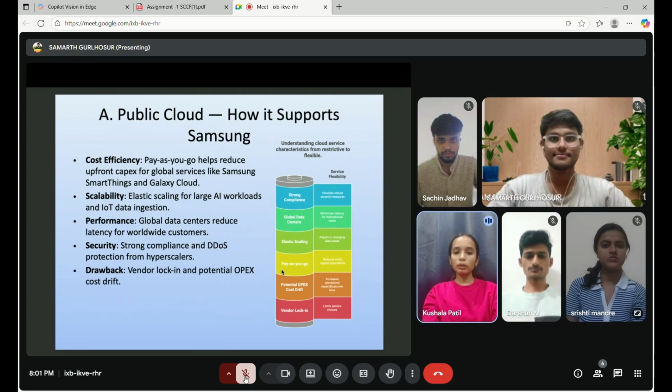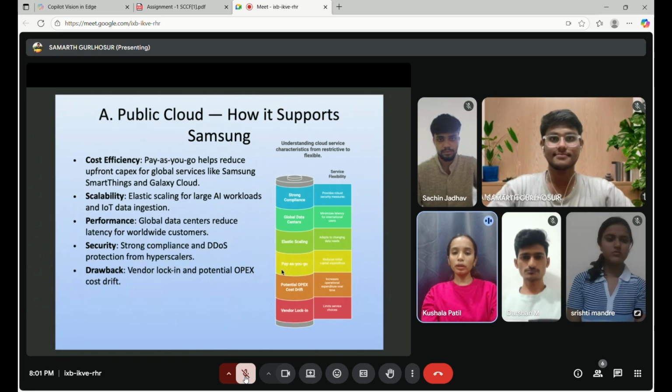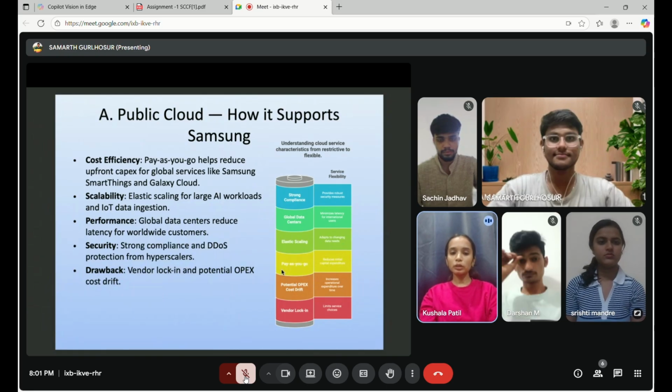Security. Public cloud providers offer strong compliance standards and protection against attacks, ensuring Samsung data remains secure. Next one, drawback. There is a risk of vendor lock-in, dependence on the cloud provider, and operational cost drift, where expenses increase over time.